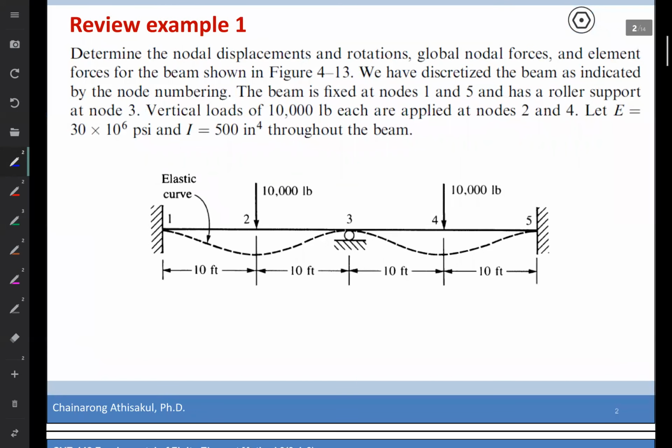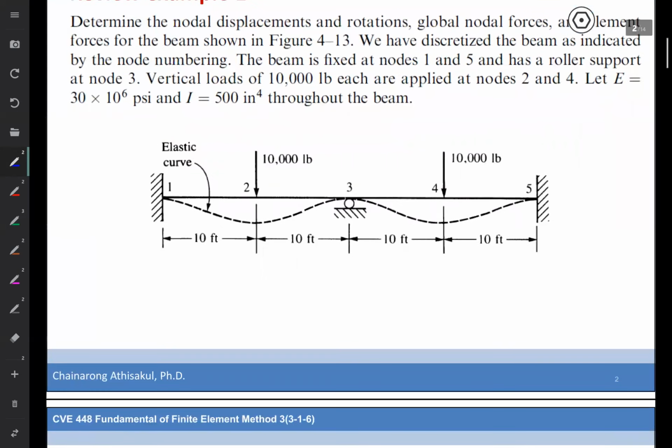normally we start with the first step, that is we have to discretize the element. From this problem we will discretize it into 4 elements. The first one, element number 1, is between node number 1 and node number 2.